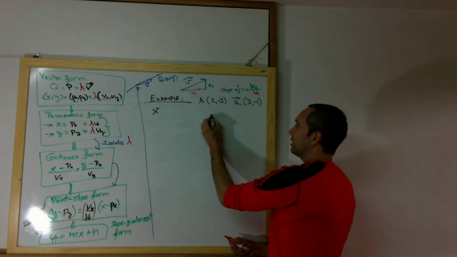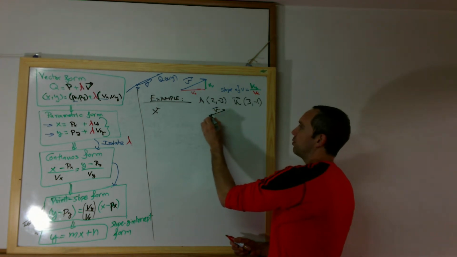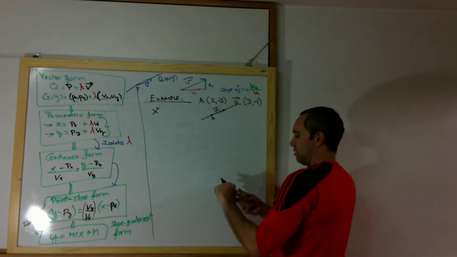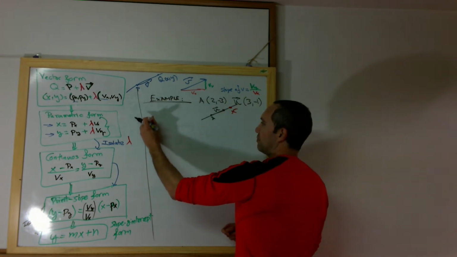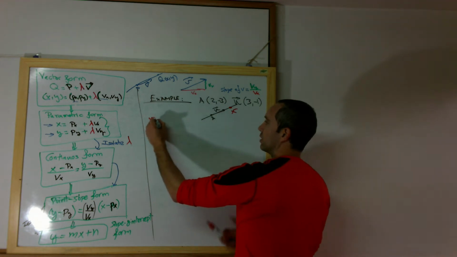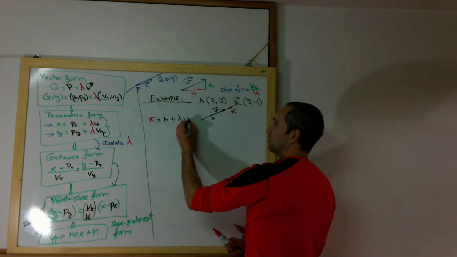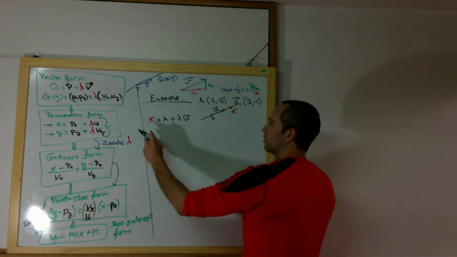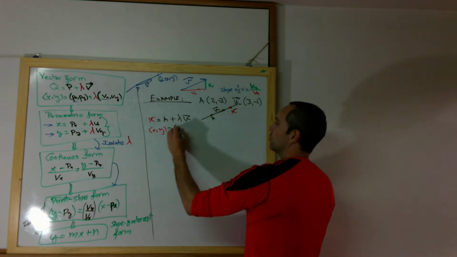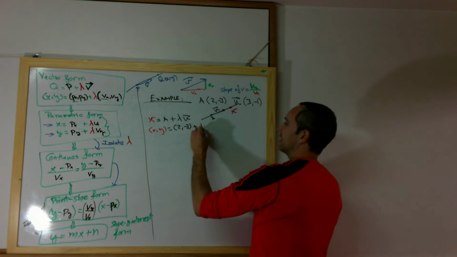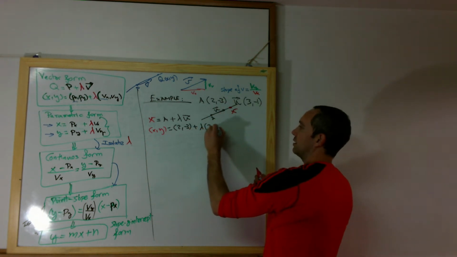So, if I've got A, and I've got U, any point here, I can call it capital X. So, capital X equals, I go to the starting point, A plus lambda U. If I write this in coordinates, (x, y) equals (2, -3) plus lambda times the vector (3, -1).